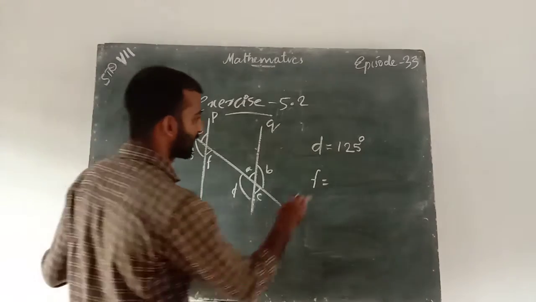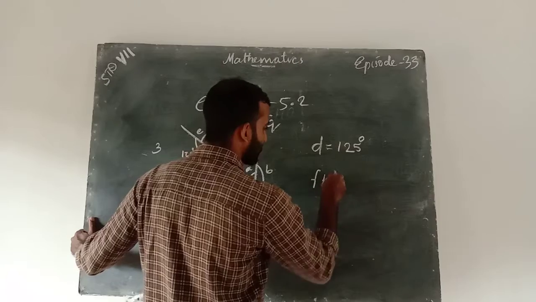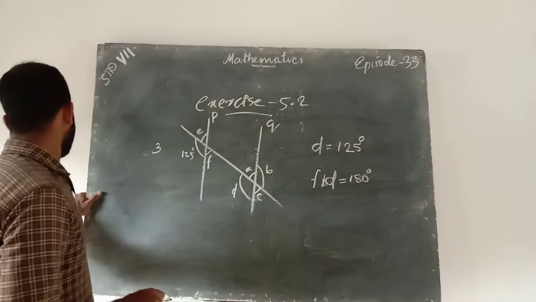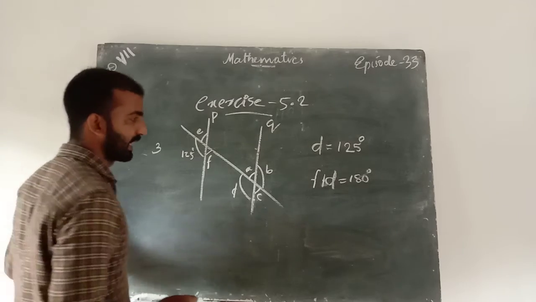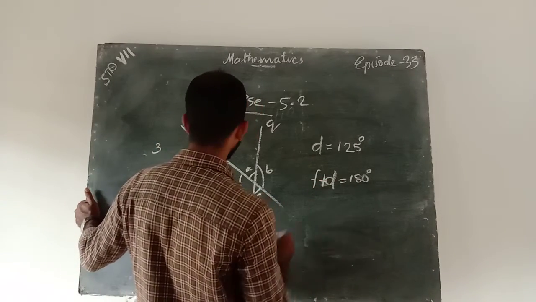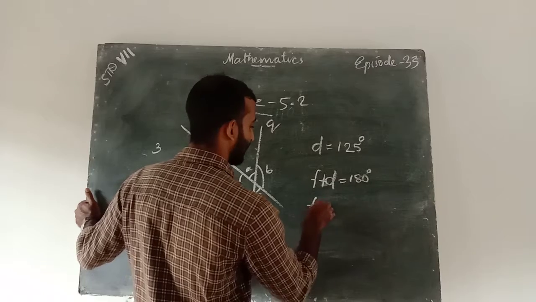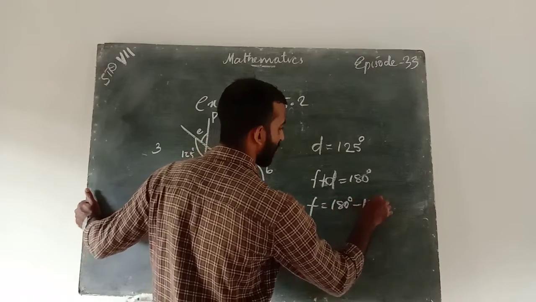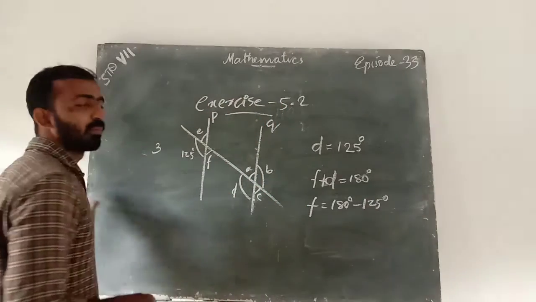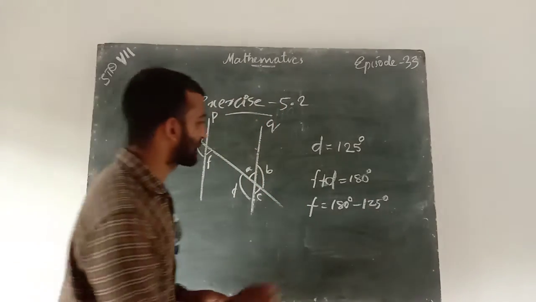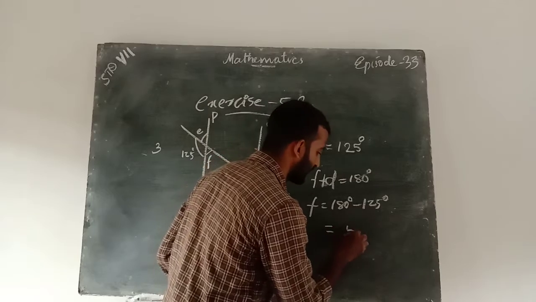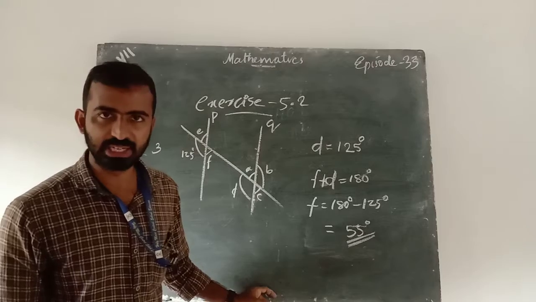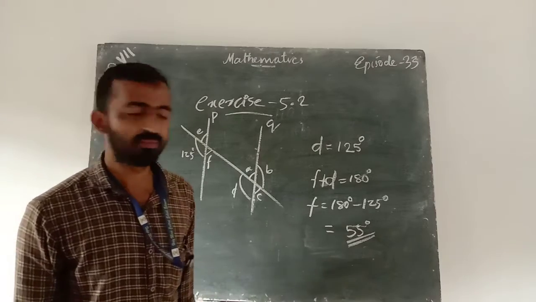So we can write F plus D equal to 180 degree. F is unknown. That is F equal to 180 degree minus 125 degree, which is 55 degree. That is, F is 55 degree.